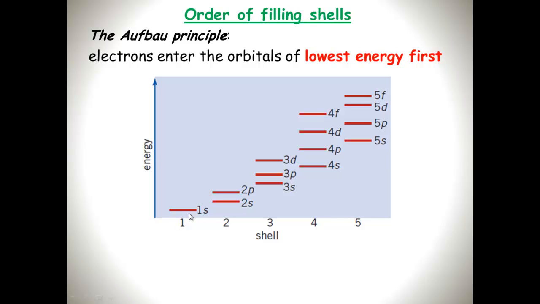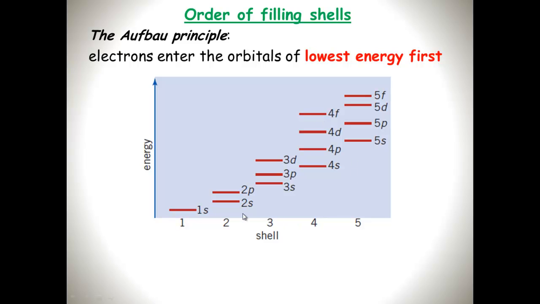So they fill up in this order: 1s, 2s, 2p, 3s, 3p, and this is when something bizarre happens. The energy levels start to cross over. 4s, 3d, 4p, 5s, 4d, 5p, 4f, and they fill up in an out of order way.